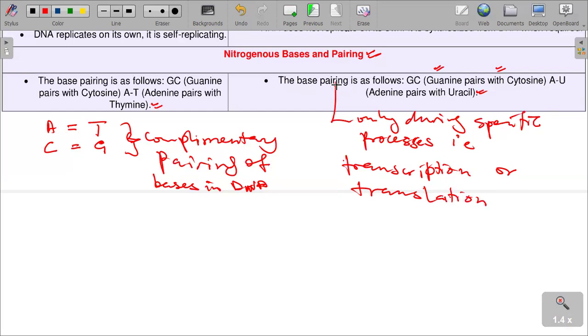So understand that in its normal biological structure, RNA has no pairings, but it only does pairing when we look at the processes that are supposed to take place, where the DNA structure has to pair with the RNA in order to facilitate some specific processes, as I've indicated here.